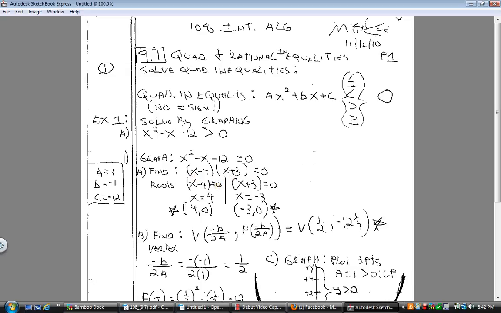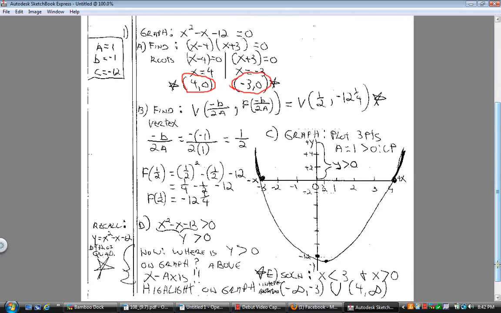And then once you get those two factors, you set them equal to 0 just like you normally would, and you find that you've got the solutions x equals 4 and x equals negative 3, and that would put you on the x-axis on our graphing here at negative 3 and 4.